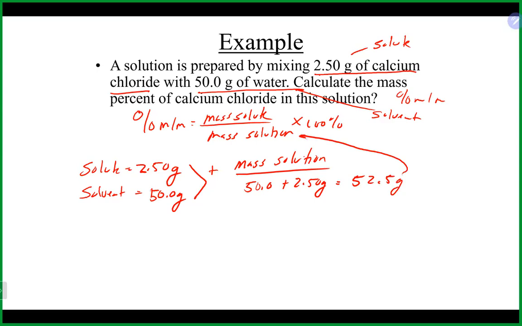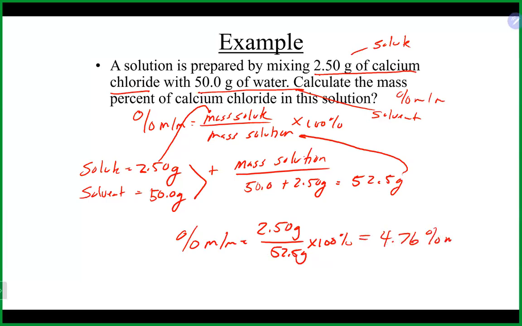That is what we want on the bottom, and obviously our 2.5 up on top. So our percent mass to mass will be 2.5 grams divided by 52.5 grams times 100%. So 2.5 divided by 52.5 times 100 gives us 4.76%.